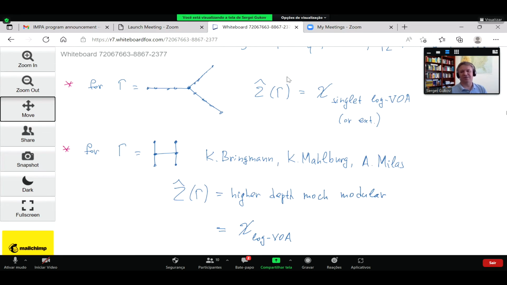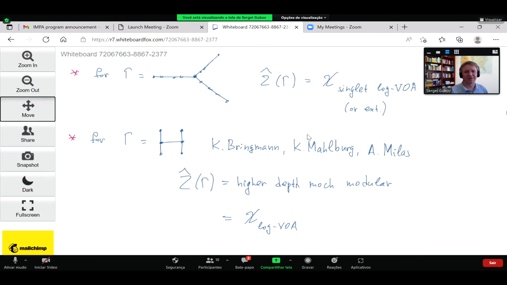So high depth is when this process repeats several times and you can have a shadow of a shadow, and this can have depth n if there are n shadows of shadows. As far as I know, this question is open from the VOA perspective. So one of the things that people, including our group and their group, are exploring is which logarithmic vertex algebras may have this sort of high depth mock modular objects as characters.